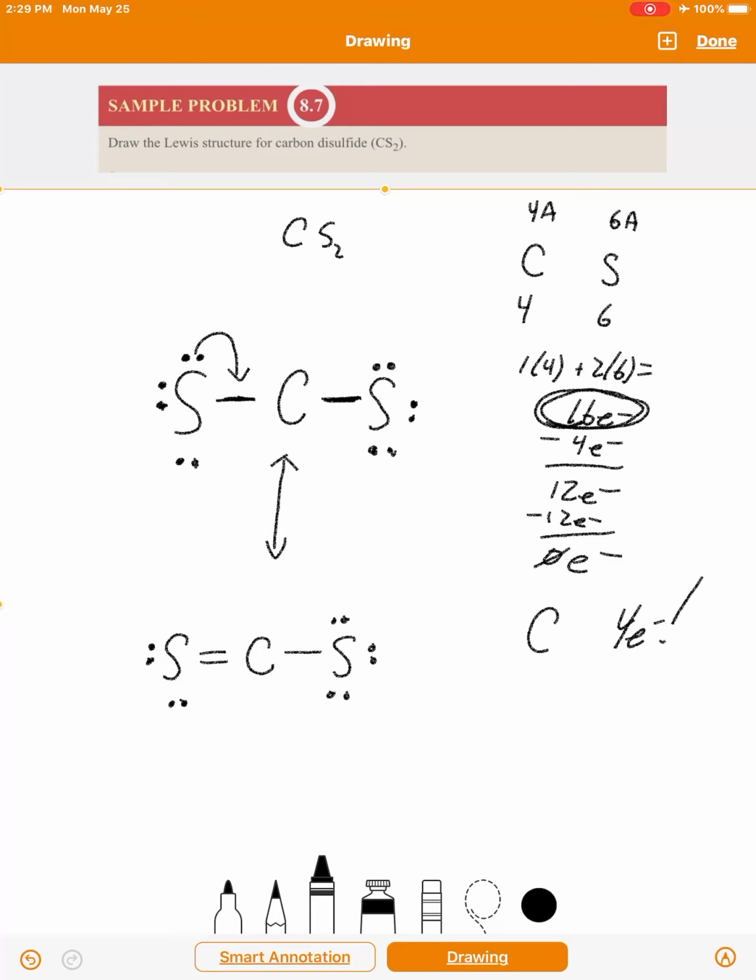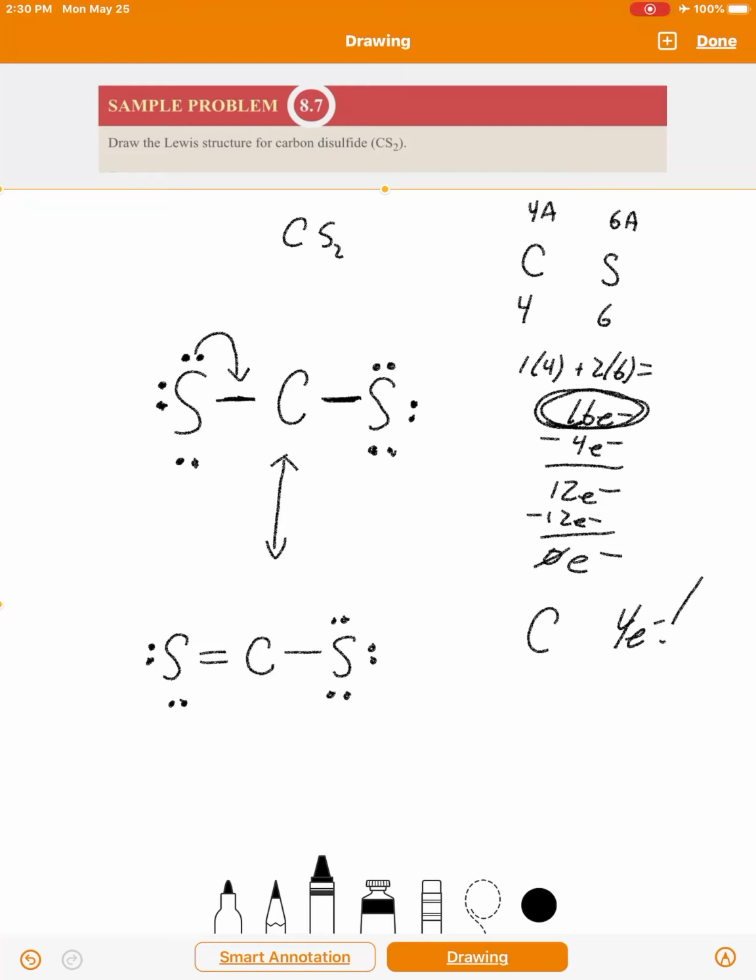Remember, a shared pair of electrons is counted by each atom in the bond. Okay? Now, the carbon still only has 6. So we actually have a choice. In a sense, we could push another pair from the sulfur on the left, or we could push a pair from the sulfur on the right.